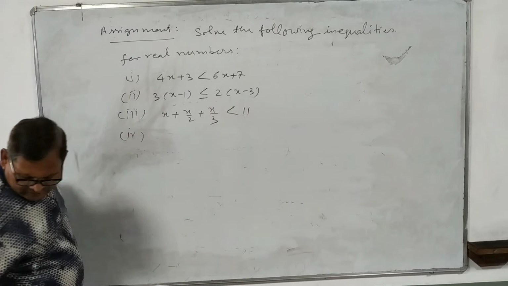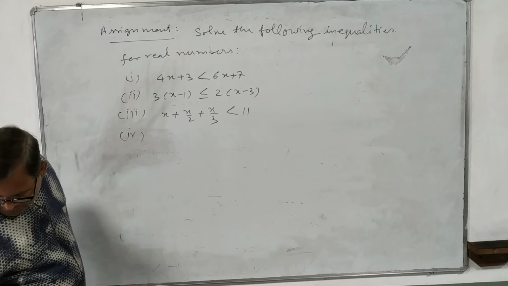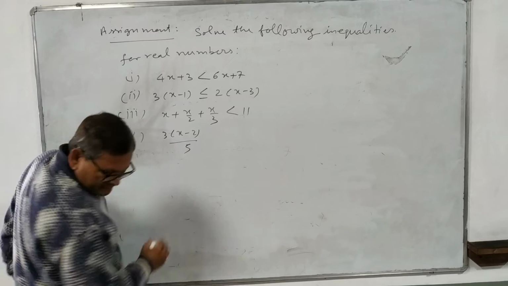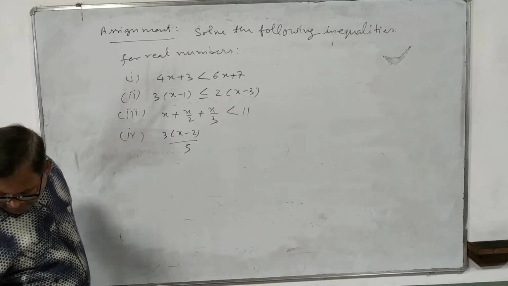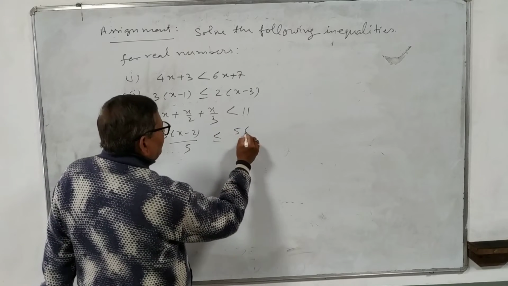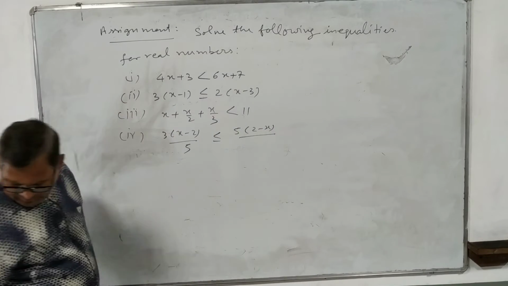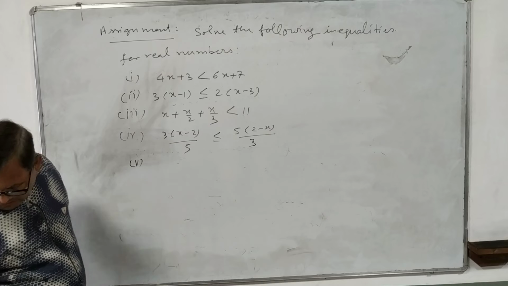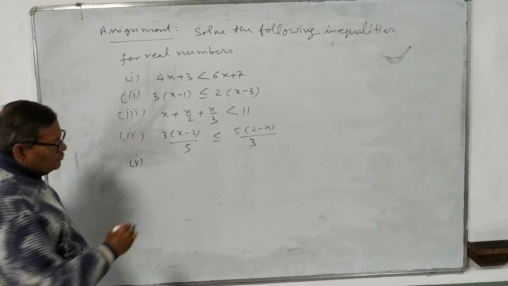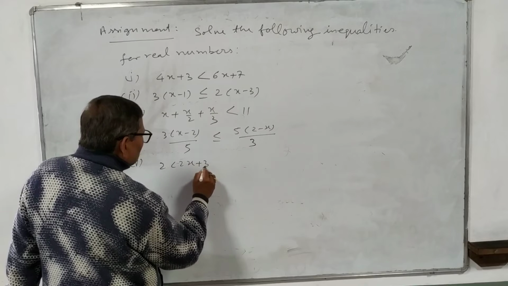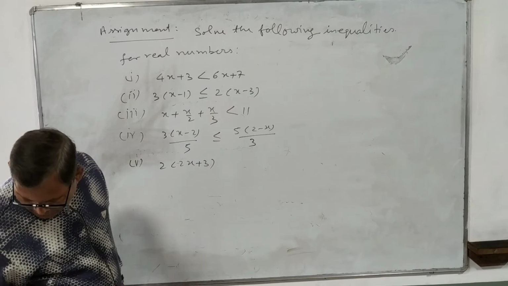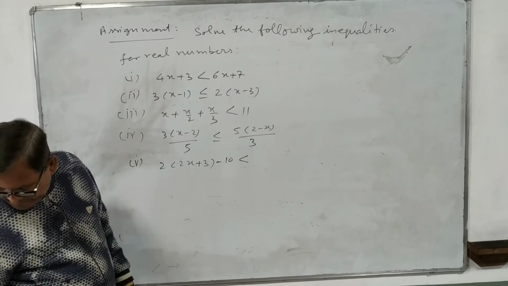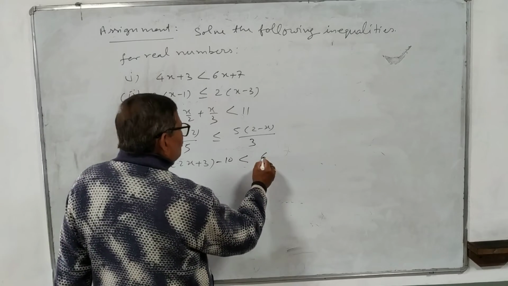Fourth, 3(x - 2)/5 is less than or equal to 5(2 - x)/3. Fifth, 2(2x + 3) - 10 is less than 6(x - 2).